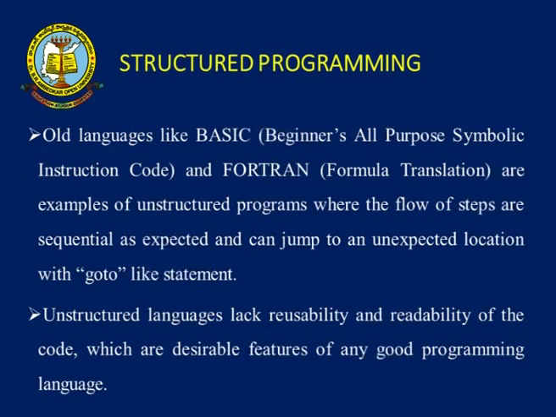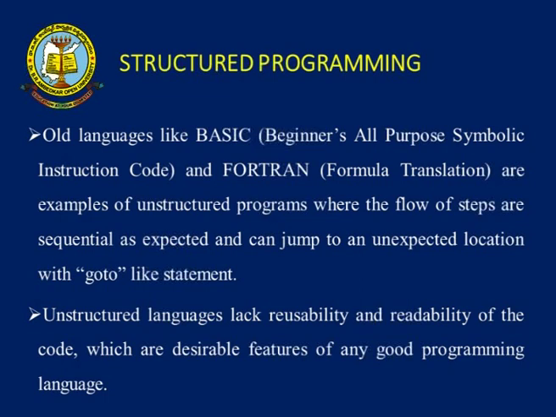What are the unstructured programming languages? The old programming languages like BASIC, Beginners All-purpose Symbolic Instruction Code, and Fortran, Formula Translation. BASIC and Fortran are the best examples of unstructured programming languages, where the flow of steps is not sequential.